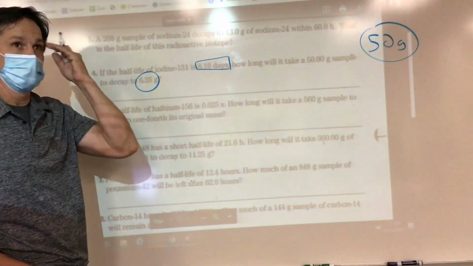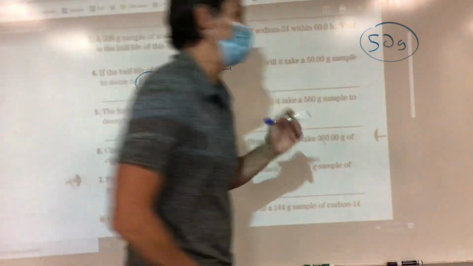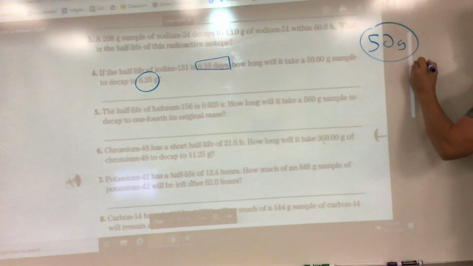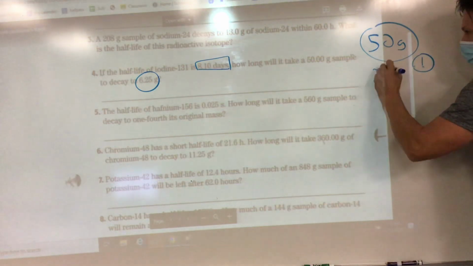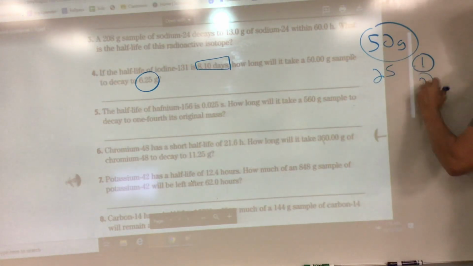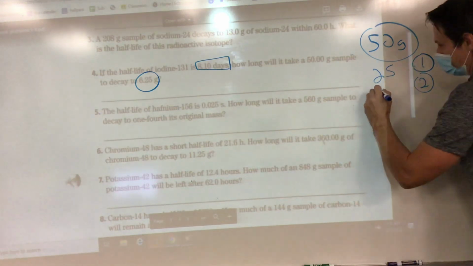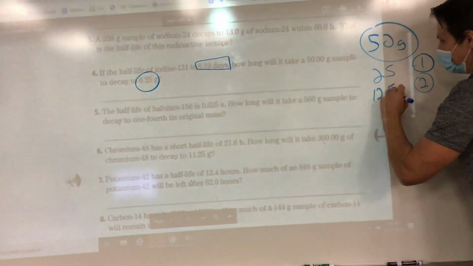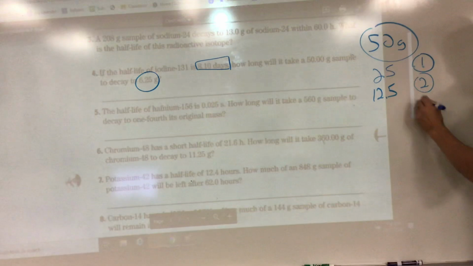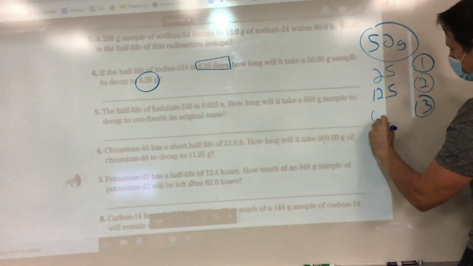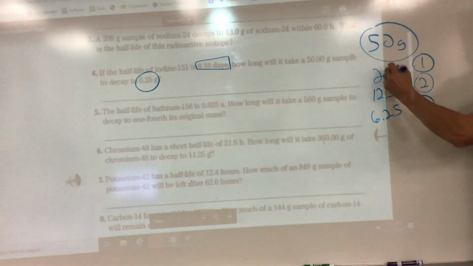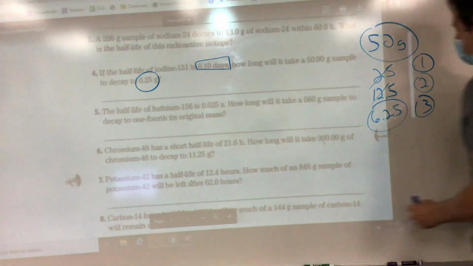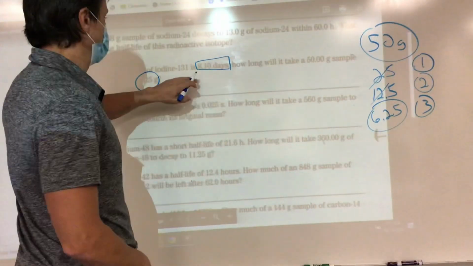So I'm going to do what I know. 1 half-life, 50 to 25. There's 1. 2 half-lives, 25 goes to 12.5. 3 half-lives, it goes to my 6.25. I just halved it each time. 3 half-lives.